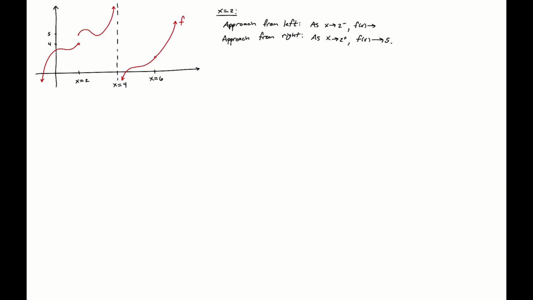So clearly 4 and 5 are different numbers. It's this discrepancy that the x's are going to the same location, but from two different directions, and depending on your direction of approach, we arrive at two different values, which is strange. So that is the issue for this graph being discontinuous there.